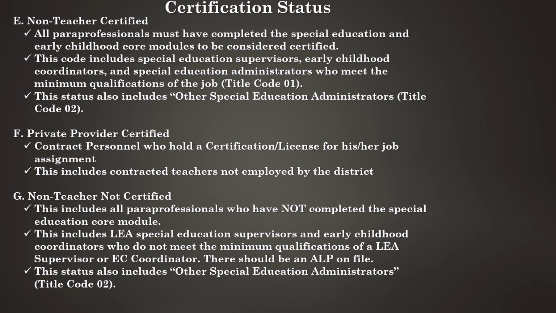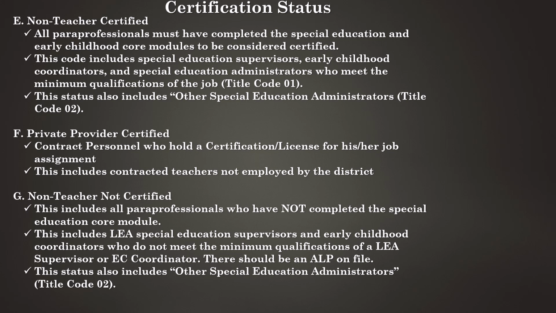E includes all of the following: paras that have completed the core module for certification, special ed supervisors, early childhood coordinators, and all special education administrators, including those with the Title Code 2 who possess a license for their title code.